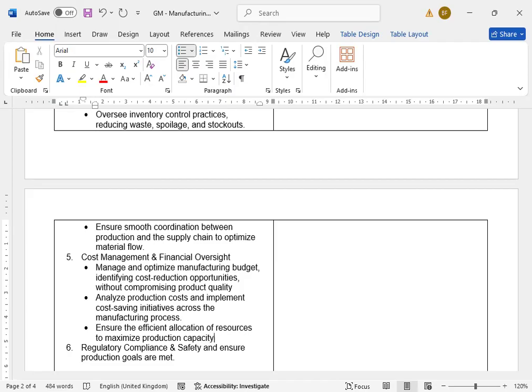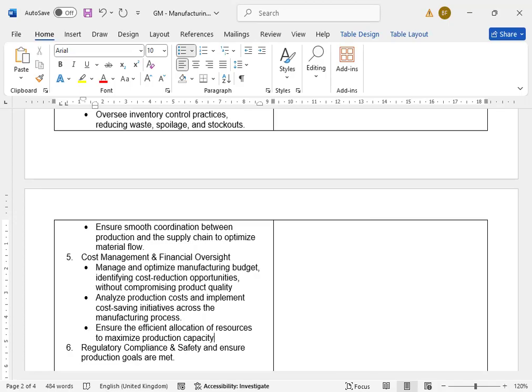You know what? If your production plant or manufacturing plant is underutilized, only utilizing 50% of the capacity, then your cost will go up, and then it will impact the profitability of the business.